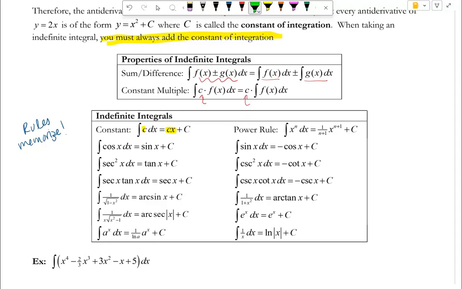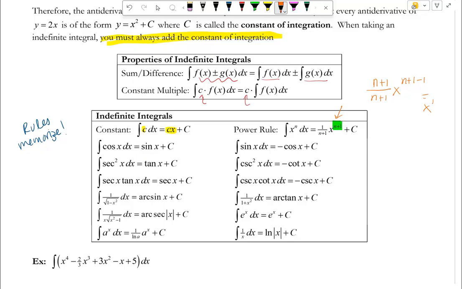Similarly, if I think about the power rule, I know that when I take the derivative of a power, I pull the exponent out front and multiply, and then I subtract 1. So if I did that with this example, I would pull my n plus 1 out front and multiply it with 1 over n plus 1, and then I would subtract 1 from my exponent.